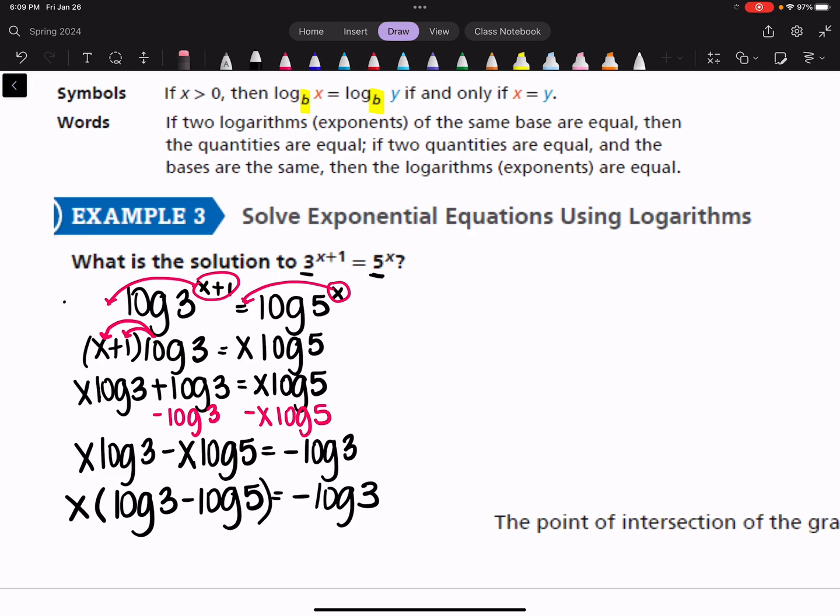Once I factor out the x, right, I can use division here in order to bring all of my logs back to the right side and my x's left over on the left side.